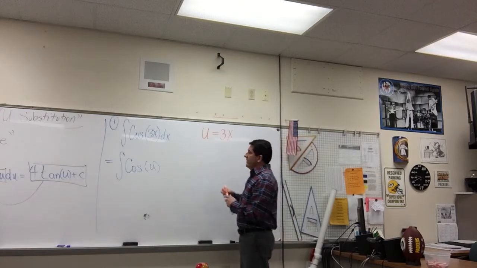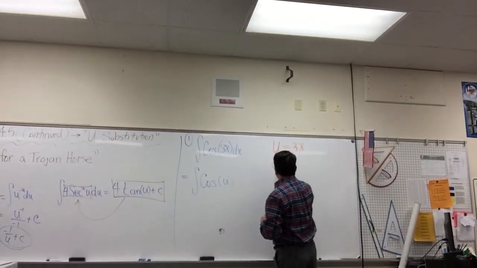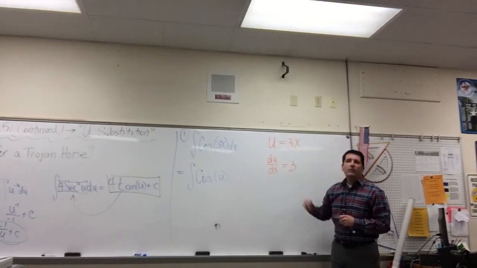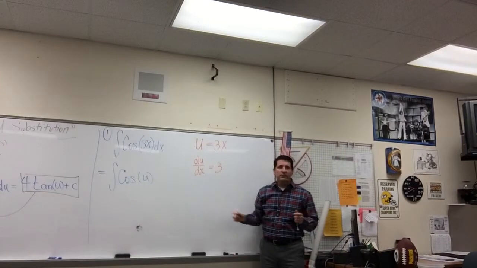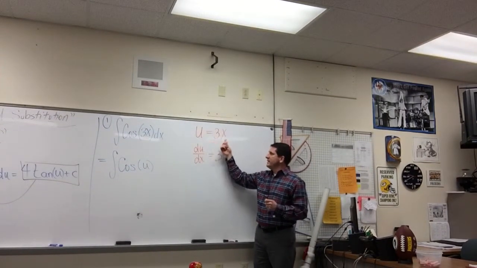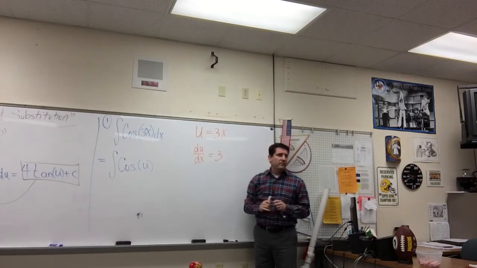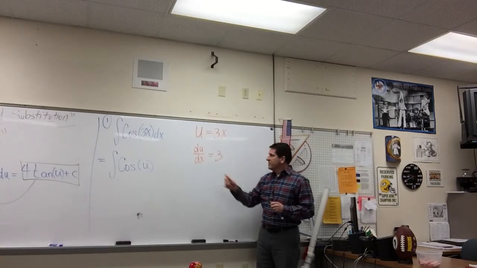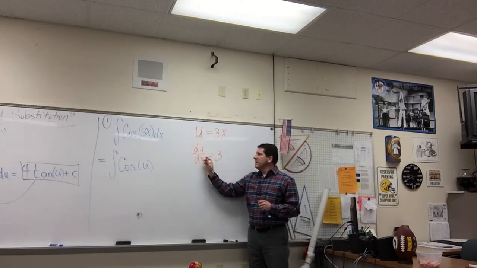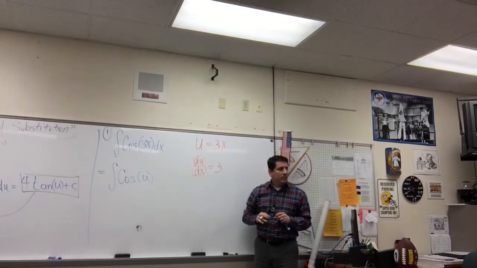So, watch this. The derivative of u with respect to x is du dx. We did this all the time with dy, you know, y equals, and then dy dx. So the derivative of u with respect to x is du dx, and it's equal to just 3. But the powerful thing here is that these little guys are called differentials, and we can separate them.